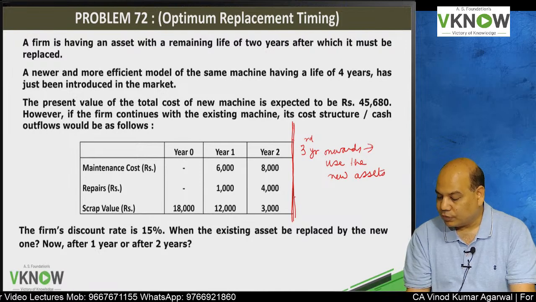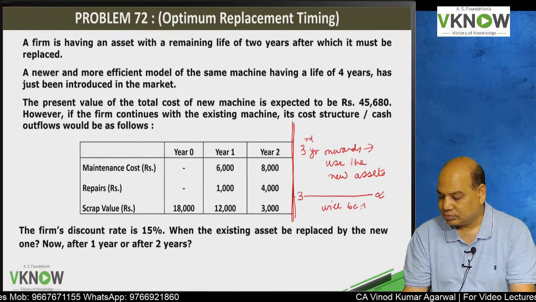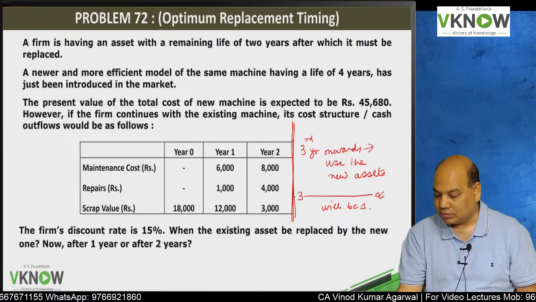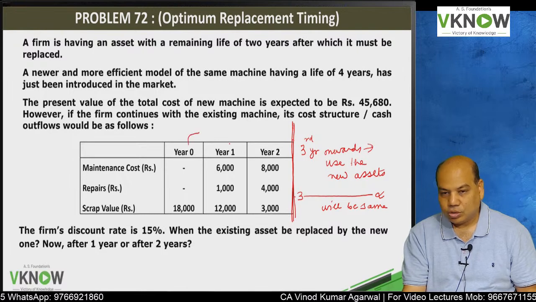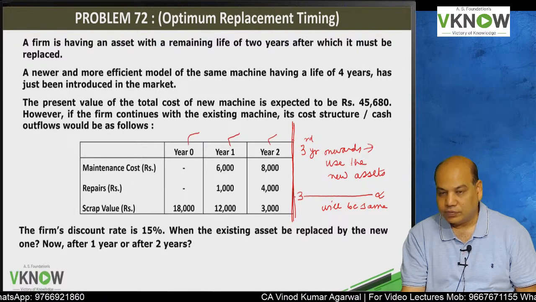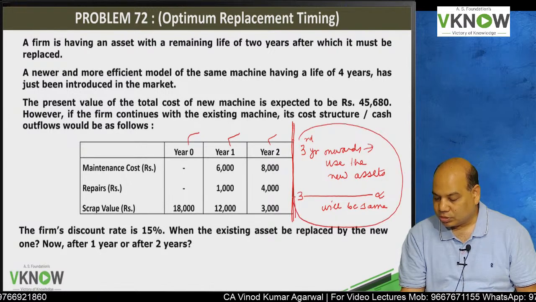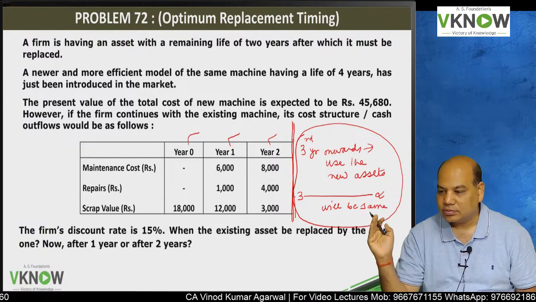So cash flow from year 3 to infinity will be same whether you replace today or after 1 year or after 2 years, because third year onwards you are going to use the new asset only forever.